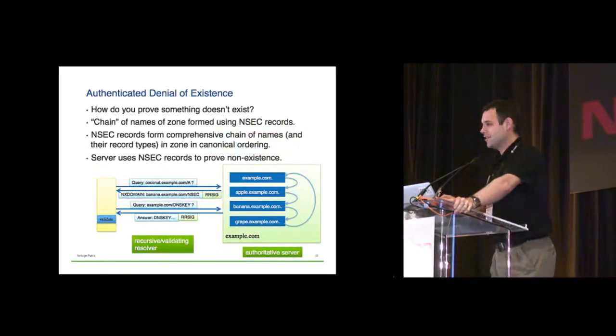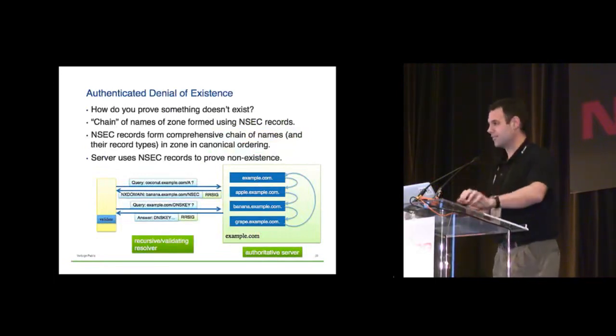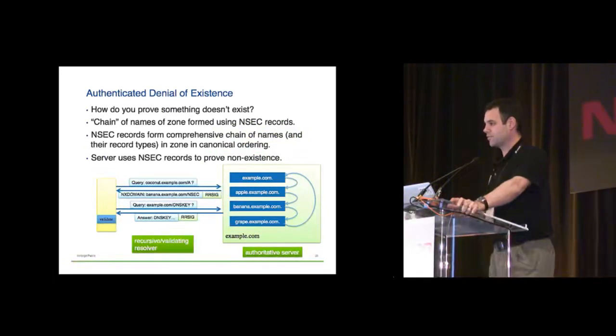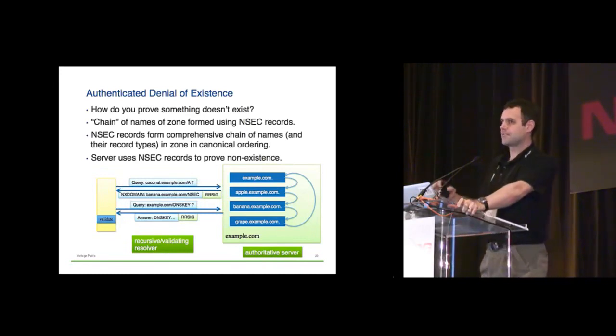All right, and then the last thing I'll cover here on DNSSEC before we do some testing is authenticated denial of existence. So how do you prove something doesn't exist? Remember we asked for foobar.example.com and it came back and said no, it wasn't there. Well, how do you know that that was a valid response, that it really wasn't there?